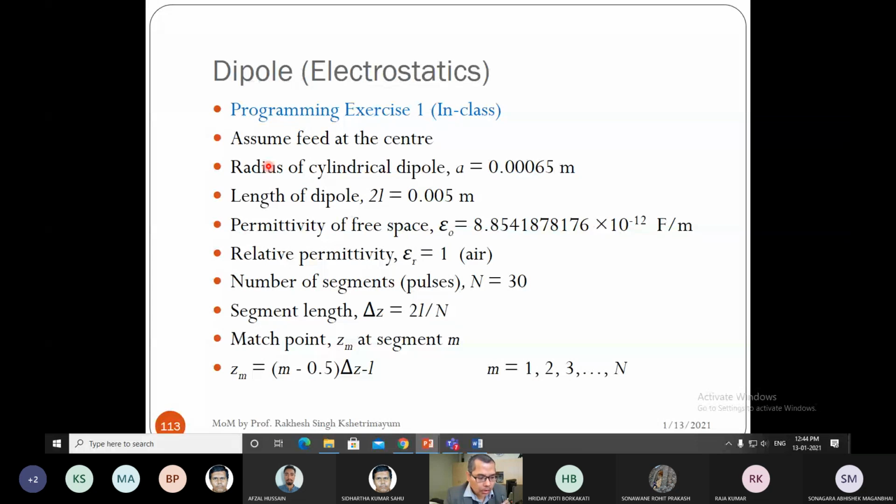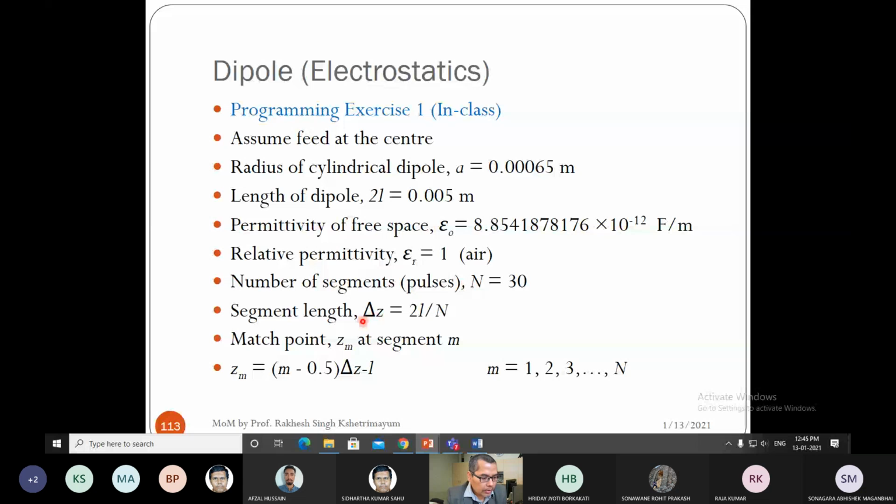We'll solve the current distribution on a dipole for the electrostatic case. So assume the radius of the cylindrical dipole is a, as given here, and the length of the dipole is 0.05 meter. Epsilon 0 you know, it is 8.85 times 10 to the minus 12. What is epsilon r? Epsilon r here is 1. And let's assume that the number of segments is 30. We'll use that many pulses.